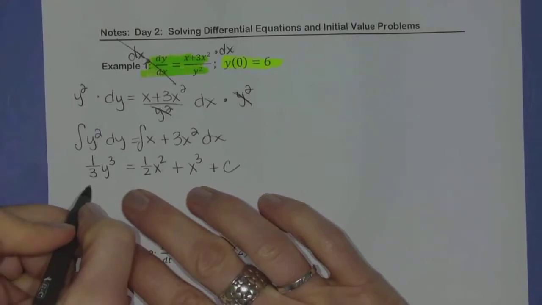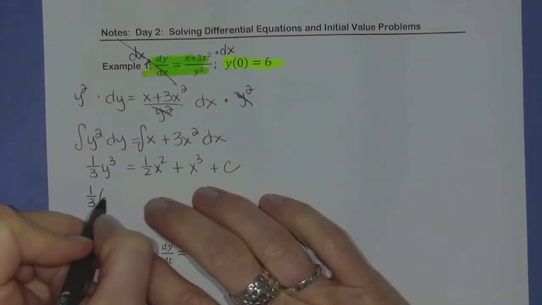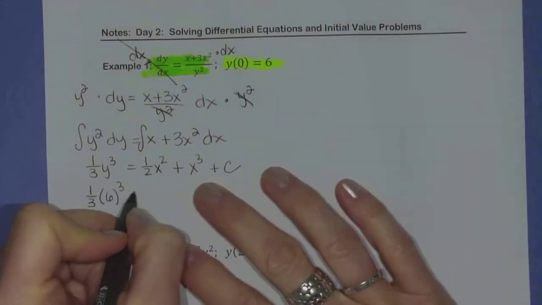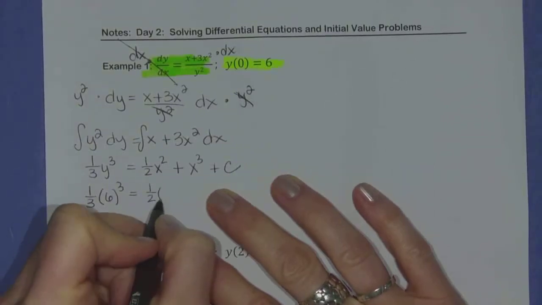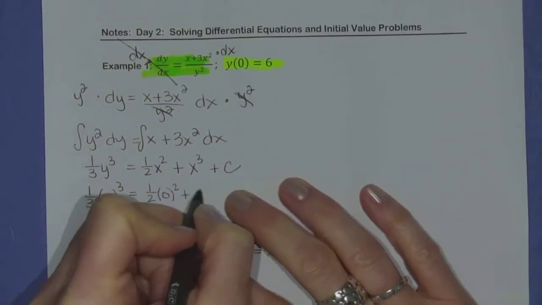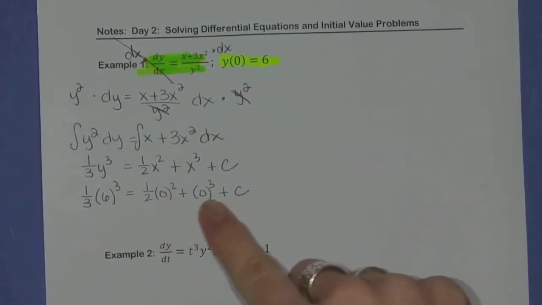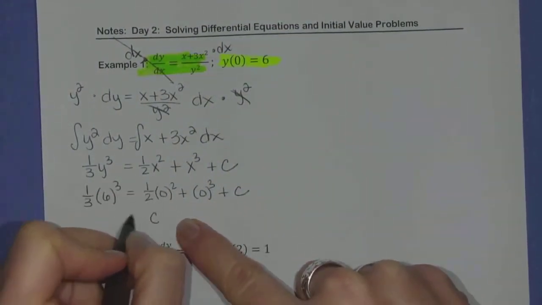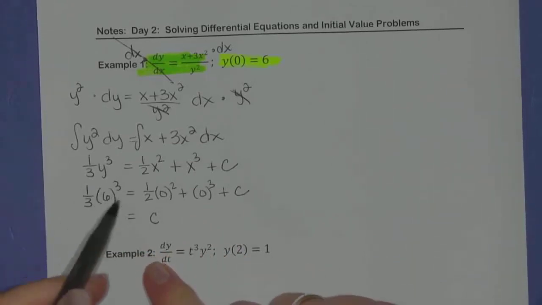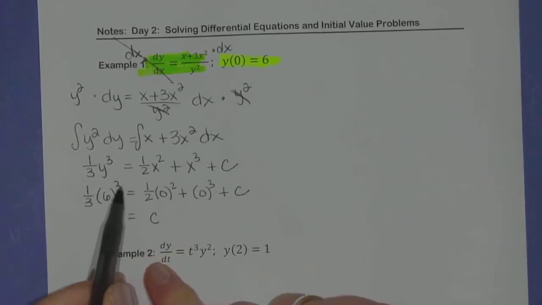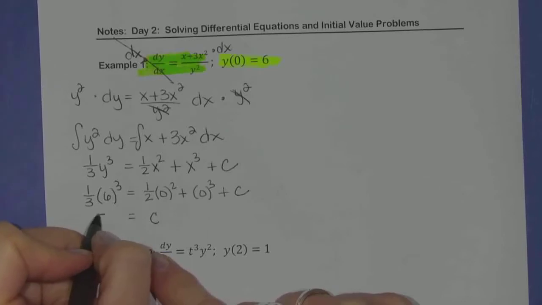So my y is 6, so 1/3 times 6 raised to the 3rd power is equal to 1/2 times 0 squared plus 0 cubed plus c. And so this right side will just be equal to c. And this left side, 1/3 of 6 to the 3rd power, I end up getting 72.